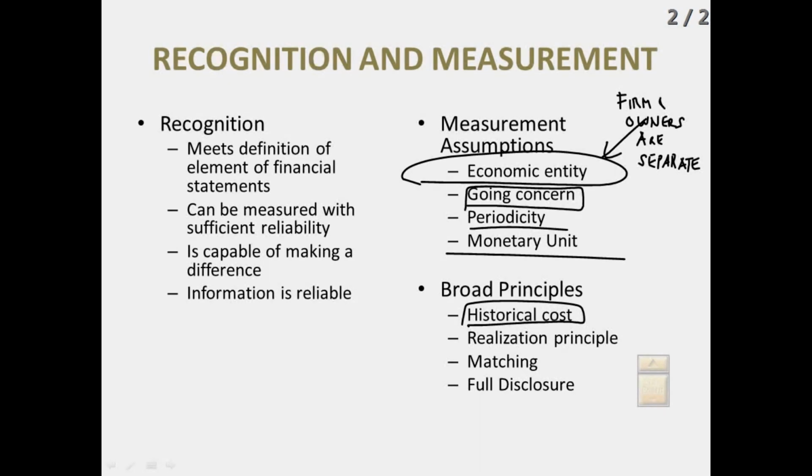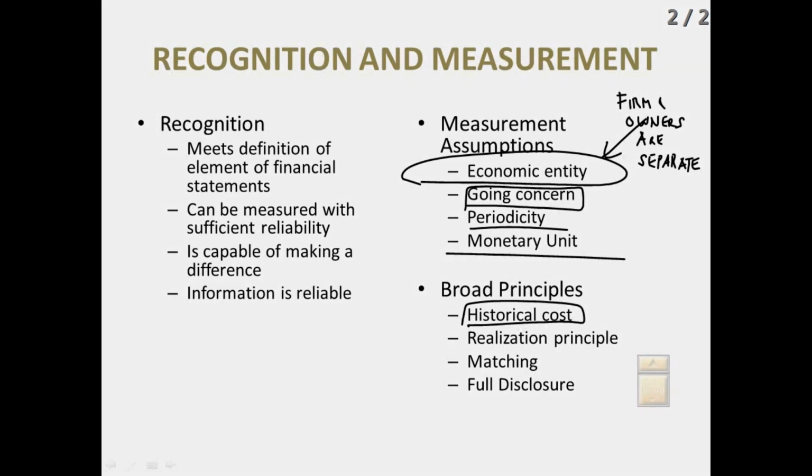Okay, so it sort of doesn't necessarily always succeed in terms of relevance. So let's say I bought a piece of land, and then the value of land in that area skyrocketed. If you look at what I paid for it, and you're trying to decide, should I encourage this company to sell this land or not, wouldn't I actually want to know what it's worth, not what I paid for it?